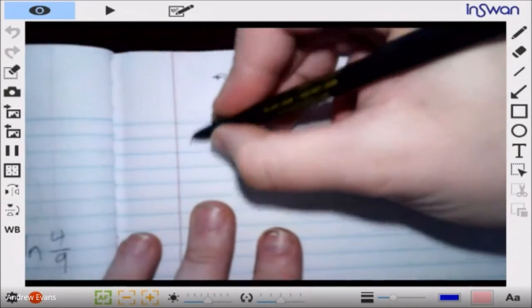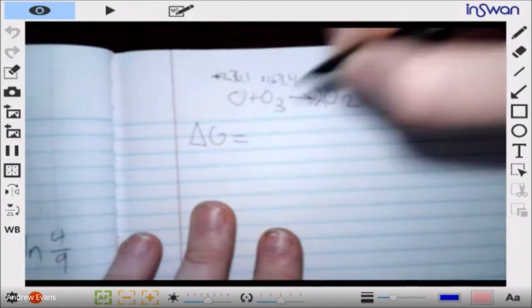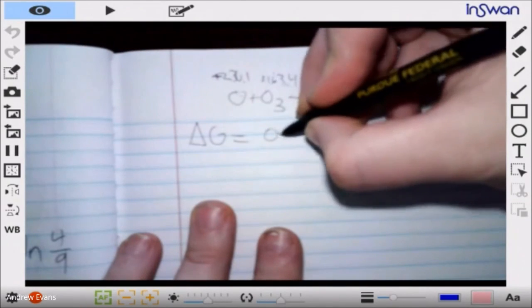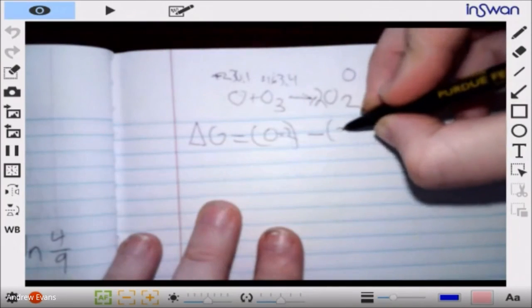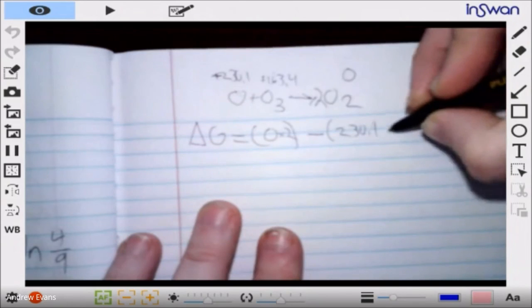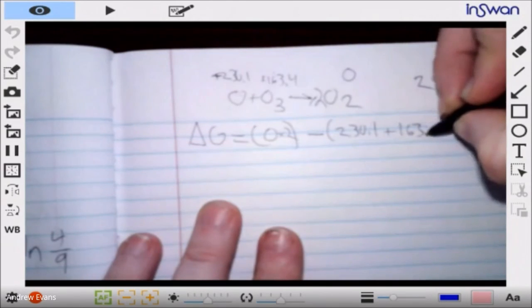So delta G is equal to 0 times 2 minus 230.1 and 163.4.